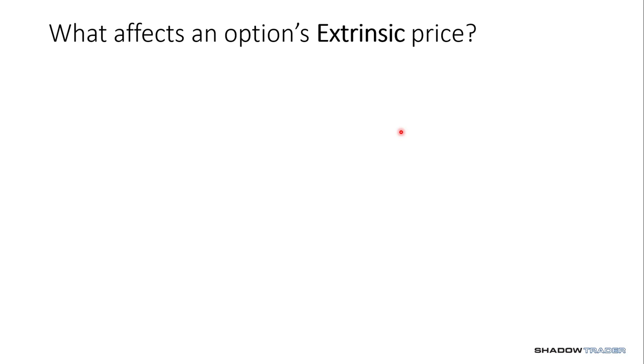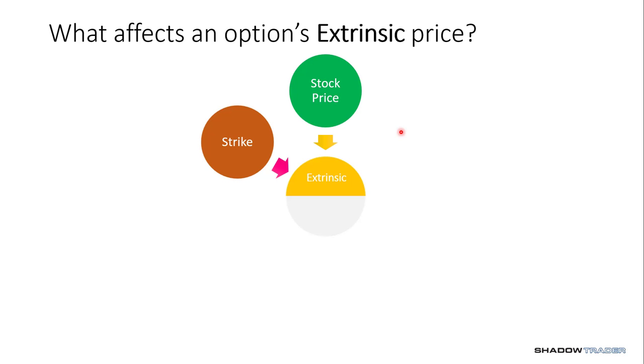The other part of the option price is called extrinsic value. All right, extrinsic value. Also determined by strike, also determined by stock price, but we pull in this time to expiration as an added component.